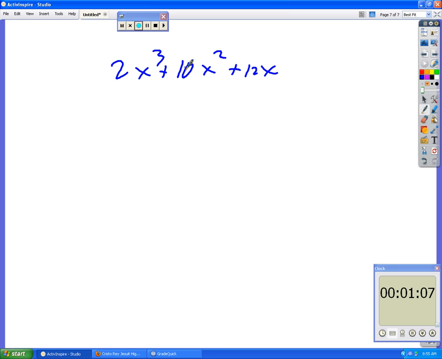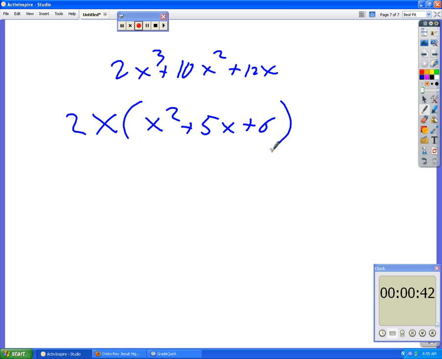Okay, what do I do here? Is there a common factor? What is it? X and 2, right? So what's left? Take this out of here. X squared plus 5x plus 6.